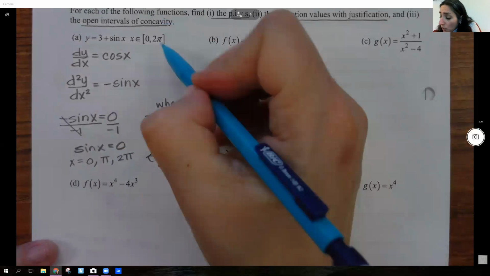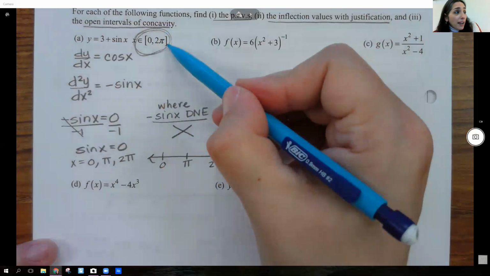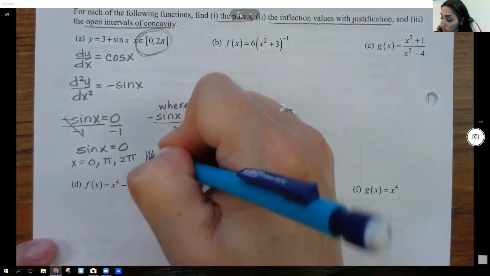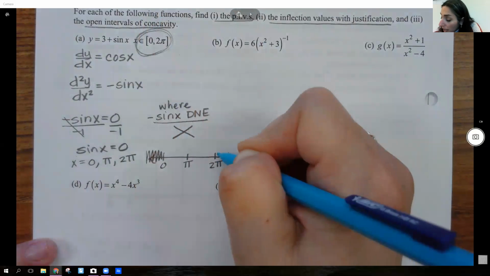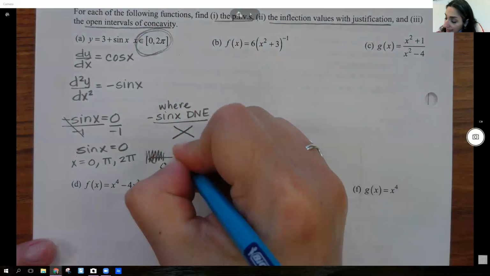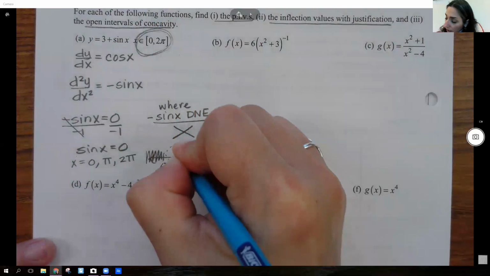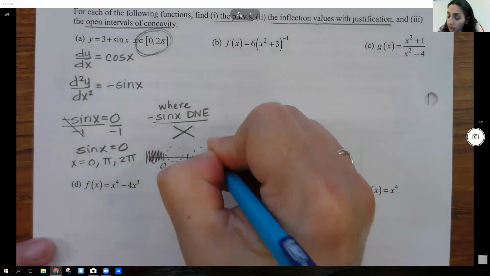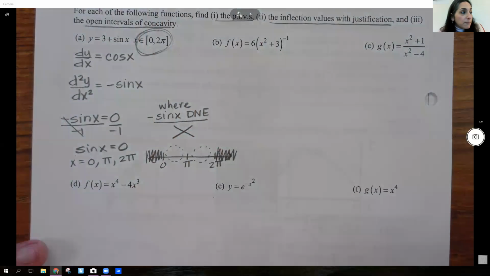Since I'm only working with 0 to 2 pi, I'm not going to be concerned with anything less than 0. I'm not going to be concerned with anything greater than 2 pi. So you really only need to test something in here and something in here. 0 and 2 pi just happened to be our critical values.